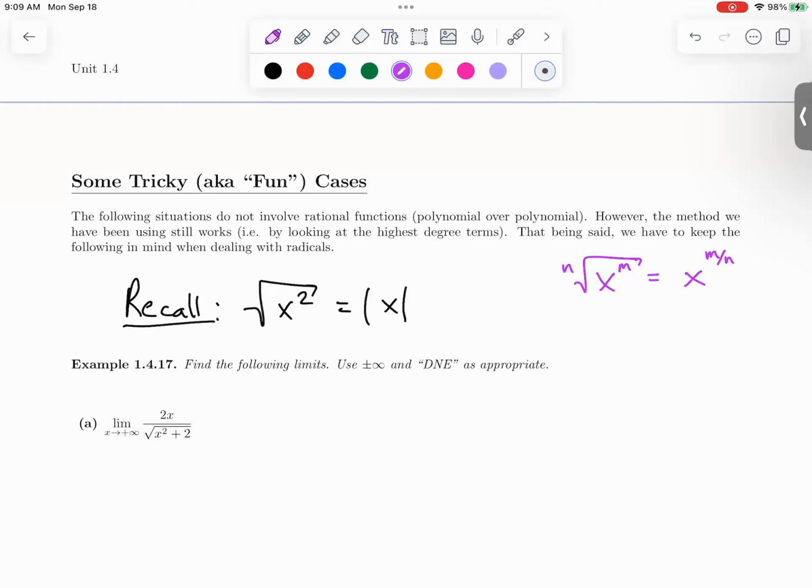The power goes above, the root goes below. So if you have the square root of x squared, it's essentially acting like x to the first power. It grows at the same rate. That is the first observation.